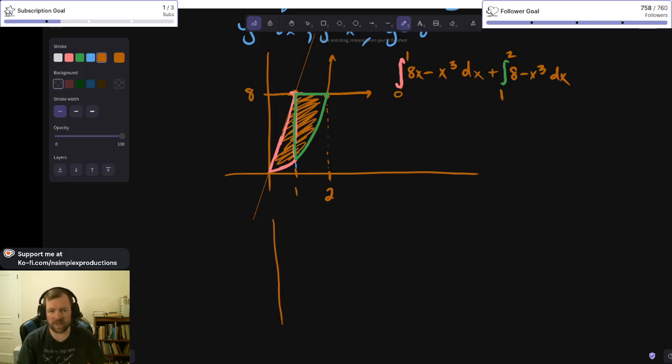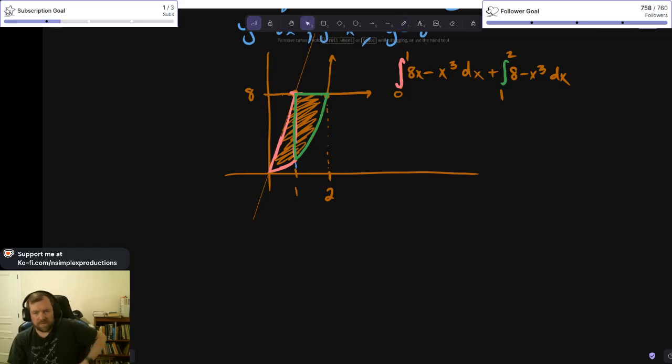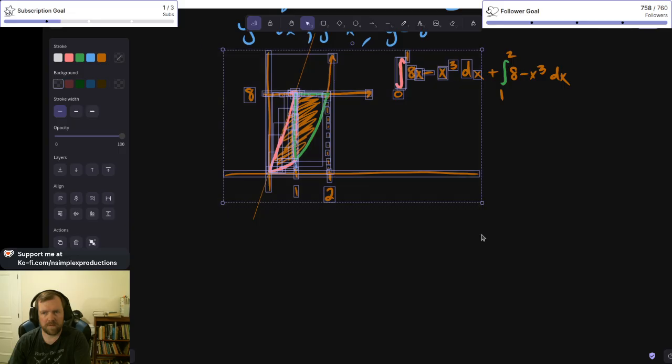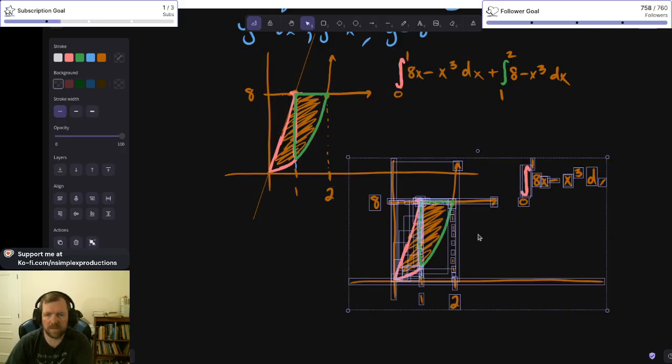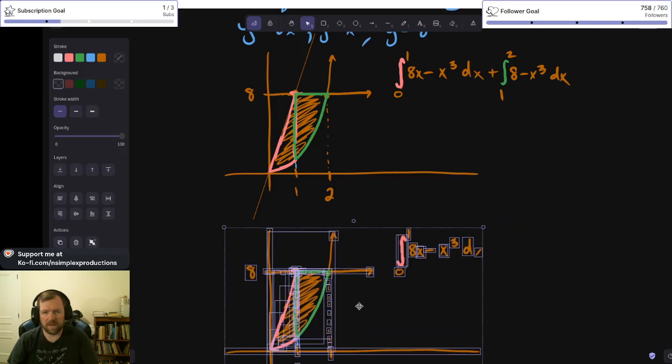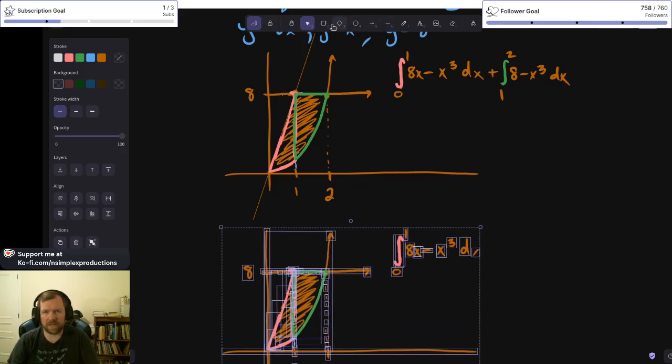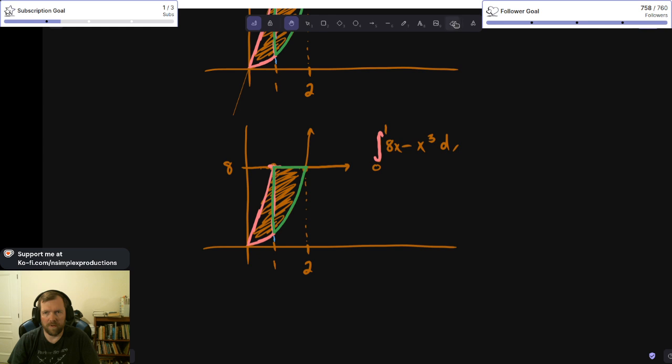So instead, what we can do, actually, hang on. Take all that, just copy and paste it, bring this down here. I'm missing one little piece, but that's fine. Okay, get rid of that salmon-y stuff. Get rid of the green stuff. Oh, okay.